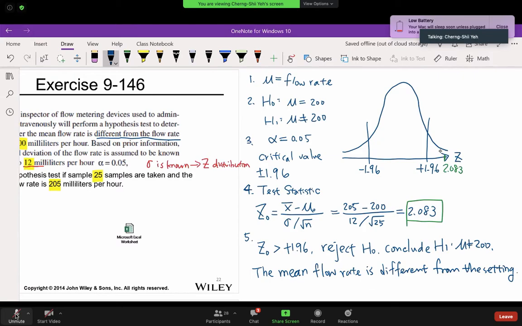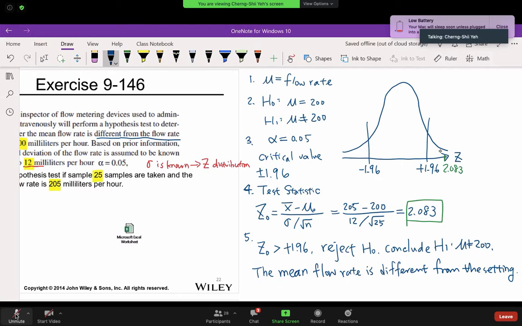That's the conclusion from our analysis. But what are you going to do after you make the decision? We confirm that there is a significant difference between your actual flow rate versus your setting. So we have to put in some effort to bring them close. Our actual flow rate should follow what our setting is.